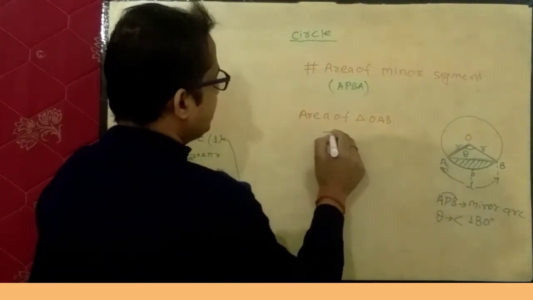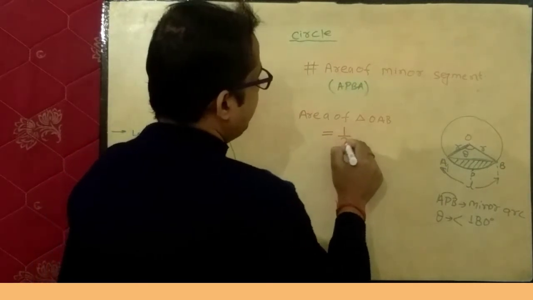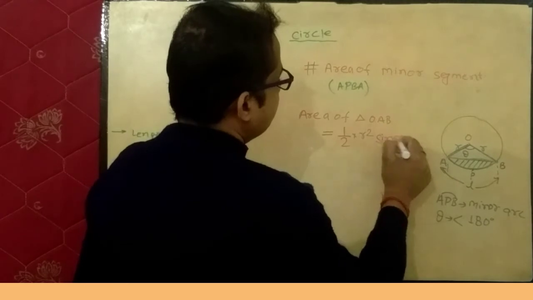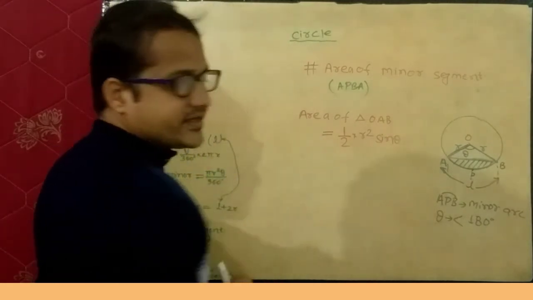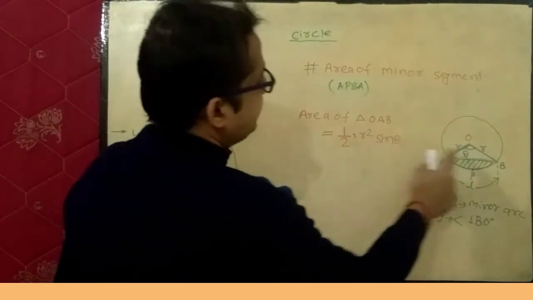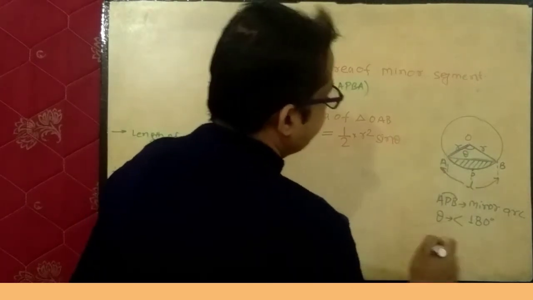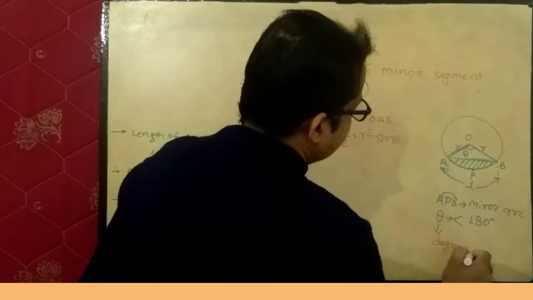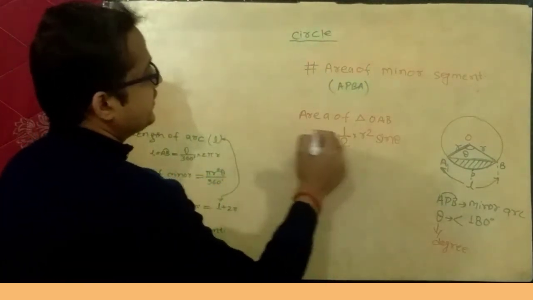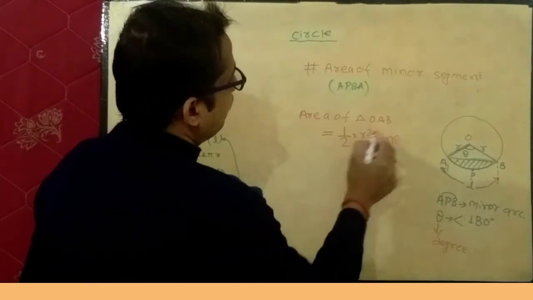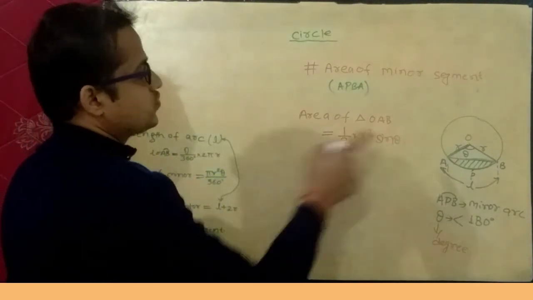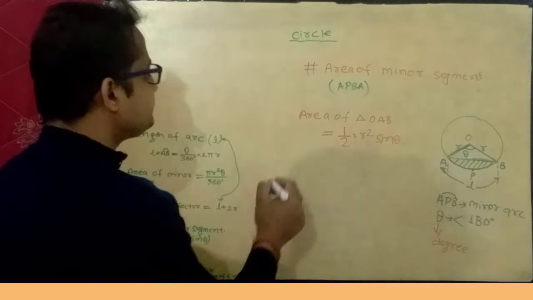So area of triangle OAB equals to half into r square sine theta, where r is radius and theta is central angle in degree. Then you can calculate area of triangle OAB, which is isosceles triangle, and its area is half r square sine theta.